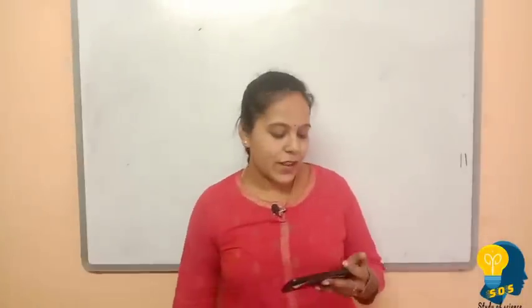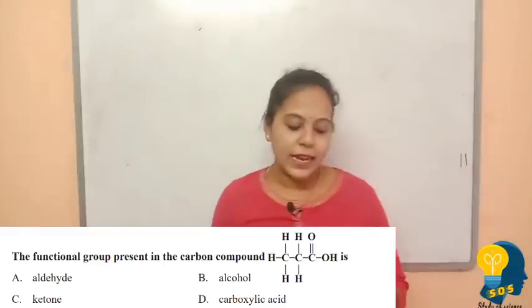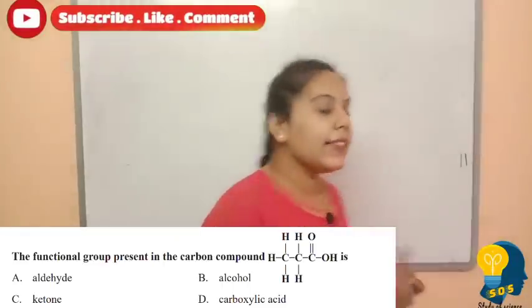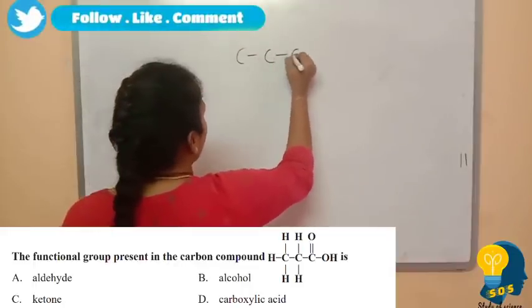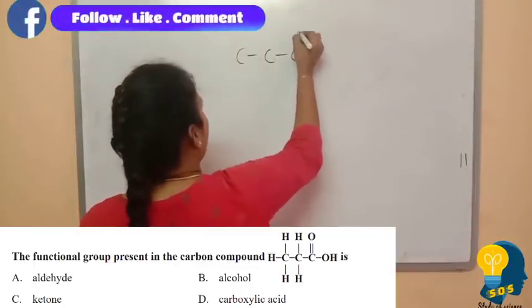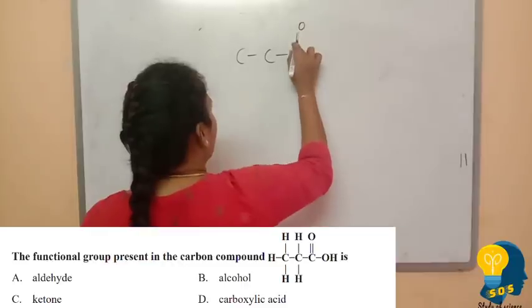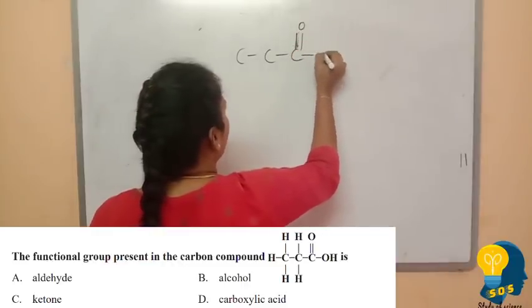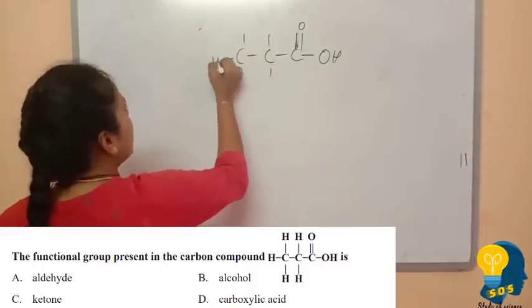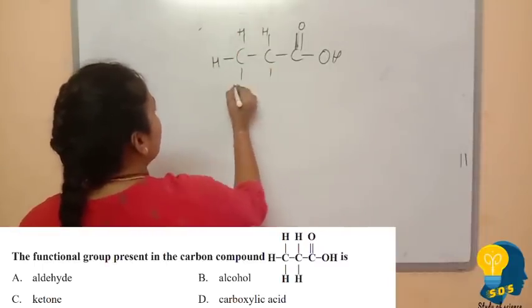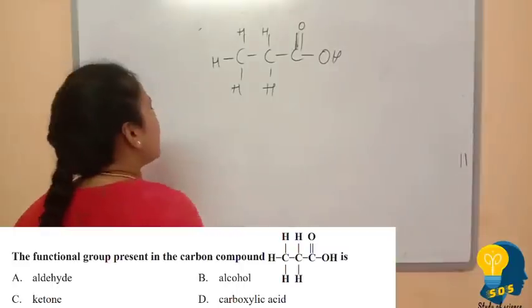The next question is the functional group present in the carbon compound. Here they have given a carbon compound. They have given the structural formula like this. So 3 carbon atoms are attached to one group here, and the remaining carbons are attached to hydrogen.